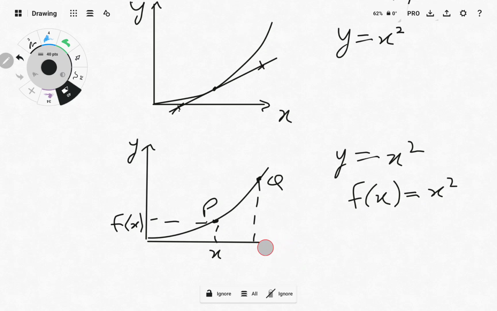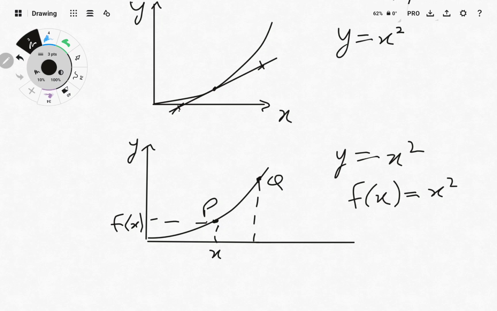Let's actually extend this axis so that it's easier for us to see what's going on. I'm going to call the x coordinate of Q x plus h, where h is a small difference. Does this make sense?